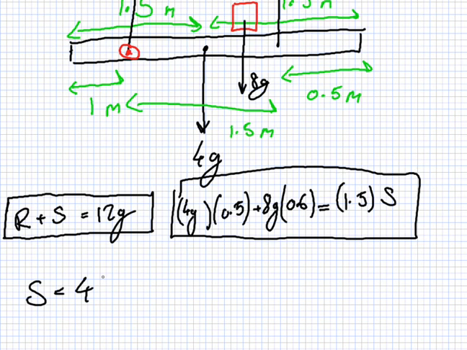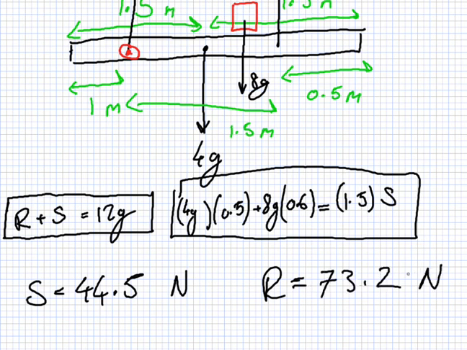So I get F equals 44.5 newtons, and then R equals 73.2 newtons. The object is gradually pushed towards A. Determine the distance when it just begins to lose.